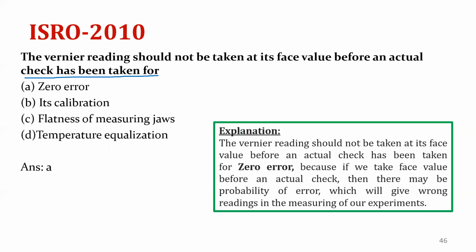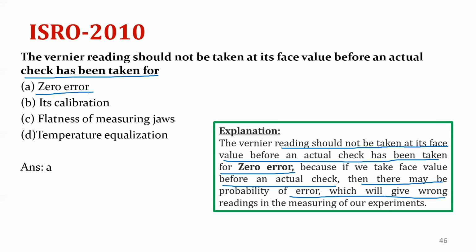If we take the face value before an actual check, there may be a probability of error which will give wrong readings in our measurements. So first we have to check whether it shows zero error or not. If it shows zero error, you can correct it. Then you can use it for measurement of dimensions.